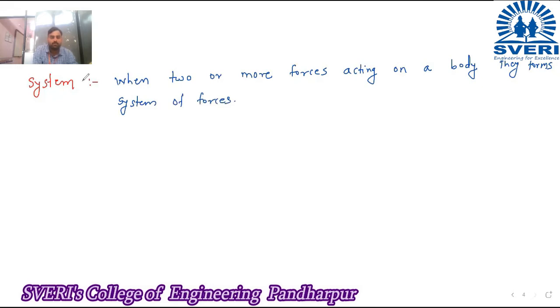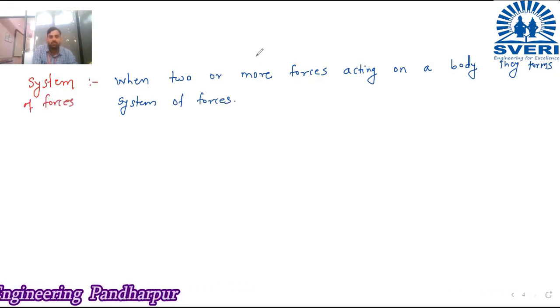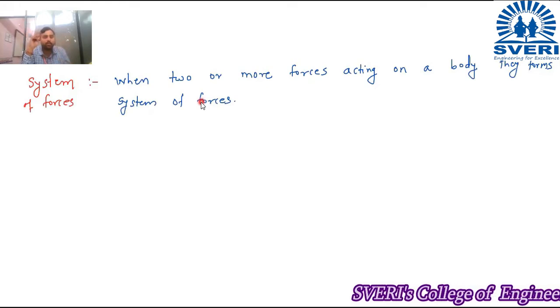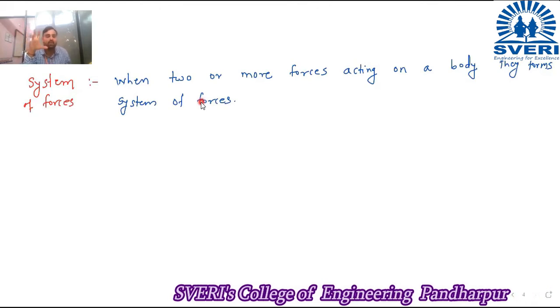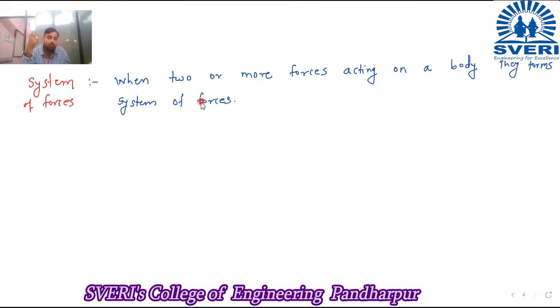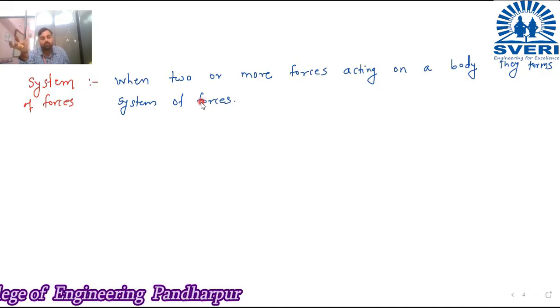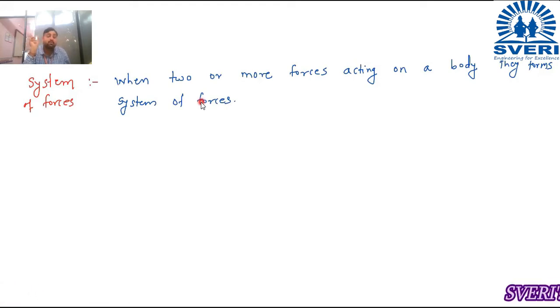So what is the meaning of system of forces? The criteria is two or more. A single body is there, whatever it may be, a rigid body of any nature, if two or more forces are acting on that body, then those forces form the system of forces.